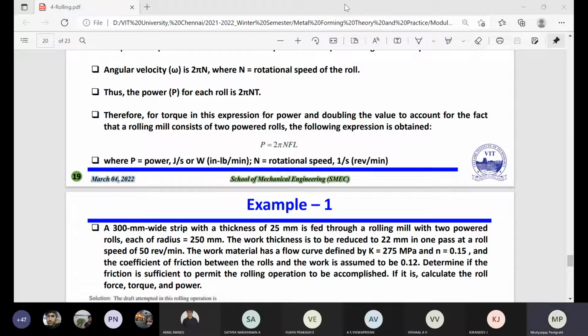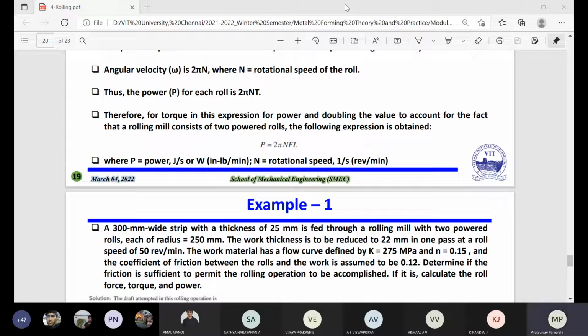So what is T0? Sir, 25. Yes, T0 is 25 and TF is 22, right? Yes, sir.